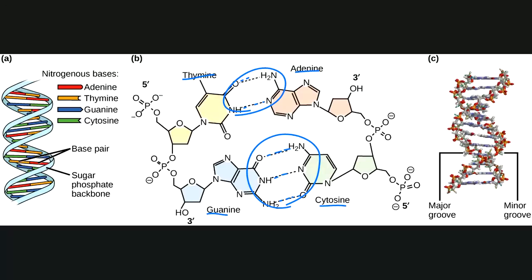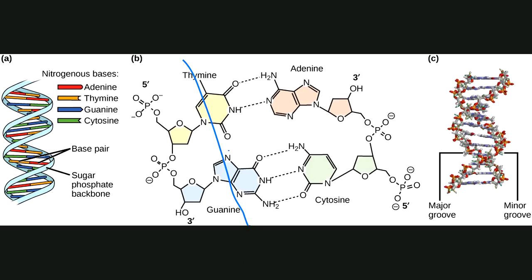So that's a close-up look. Now, what I want you to see is, if you imagine that this is the side of the ladder, there's the side of the ladder.